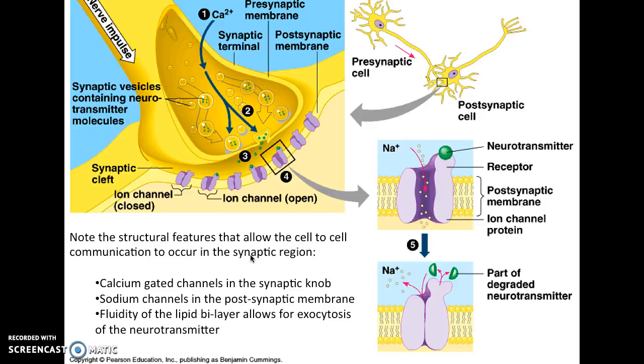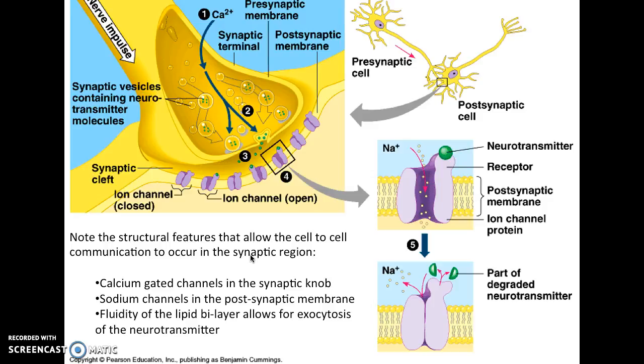The first is, once the electrical impulse reaches the end of this axon, the electrical impulse is basically going to send the calcium towards the membrane at the end of that axon terminal. And we'll see that in number 1. This is where the change from electrical to chemical happens.